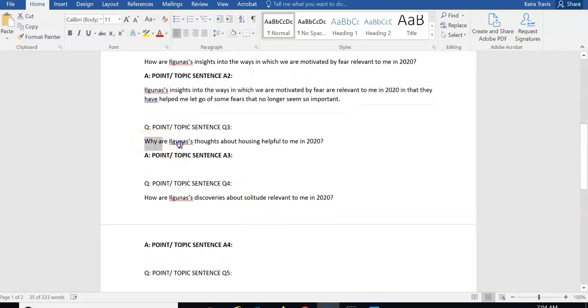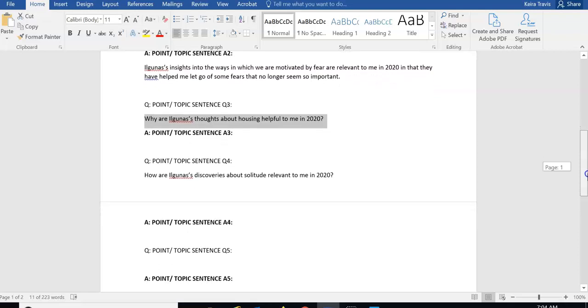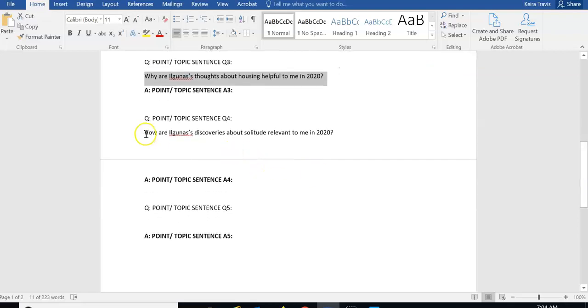Okay, why are Ilgunis's thoughts about housing helpful to me in 2020? Well, maybe I can tie that to my letting go of the fear that I won't own a home ever. And then for a fourth paragraph, how are Ilgunis's discoveries about solitude relevant to me in 2020?